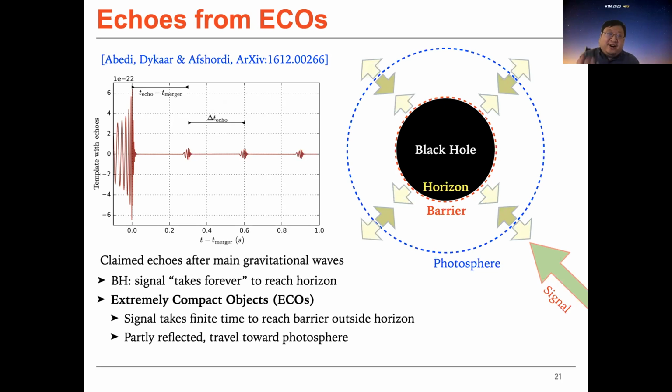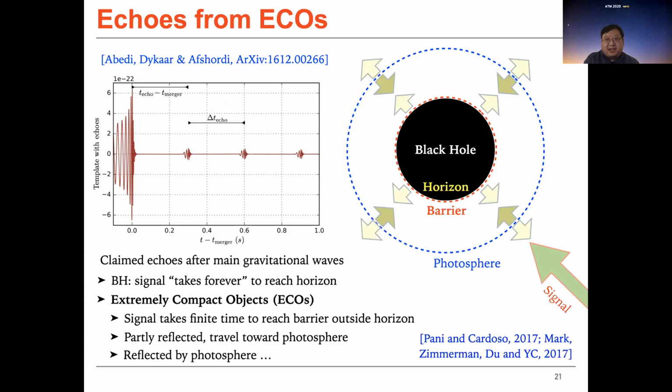Generically speaking, if you have some structures right outside the horizon, what you would expect is that if you send gravitational waves toward the black hole, the waves may travel back and forth between this barrier, which is outside the horizon, and the photosphere, and then cause these echoes.